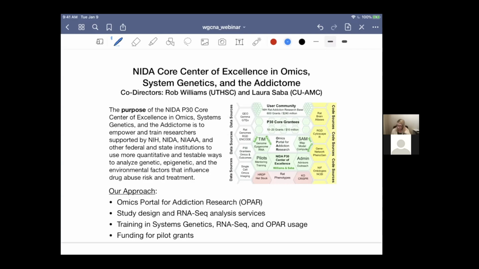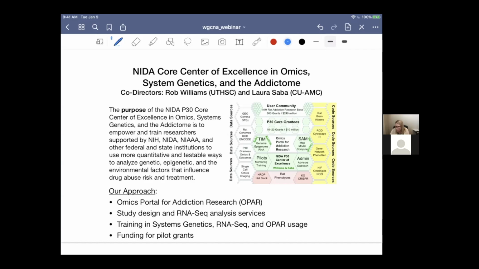WebGestalt is a good one. And then, of course, GeneWeaver, which I missed because it does so much more than just functional enrichment. On the fourth Friday in October, Alyssa or someone from her group will be doing a detailed webinar on GeneWeaver and give us a lot more details about that.